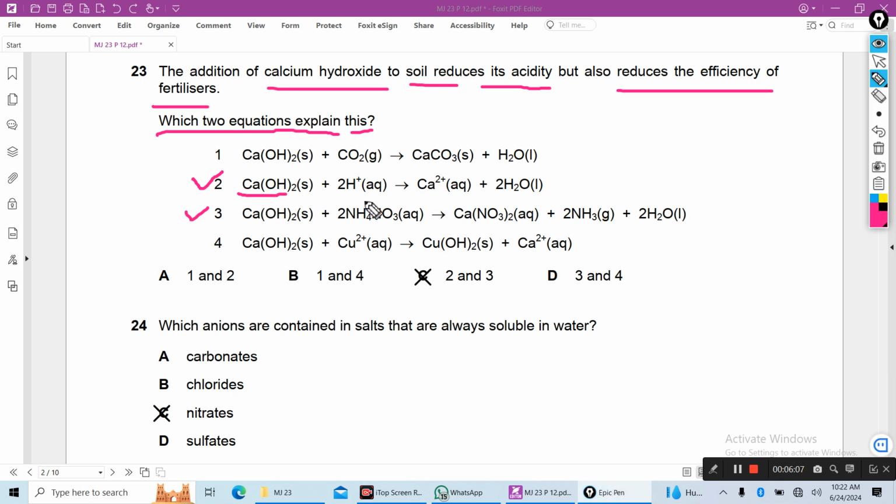Calcium hydroxide reacts with hydrogen ion from acid to form calcium ion and water, so it neutralizes the acid, acidity decreases. This is true. Number 3 is also correct, but also reduces the efficiency of fertilizers. That means when calcium hydroxide reacts with ammonium nitrate, calcium nitrate, ammonia and water are formed.